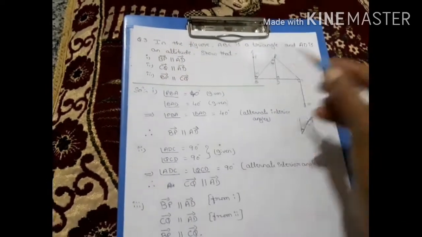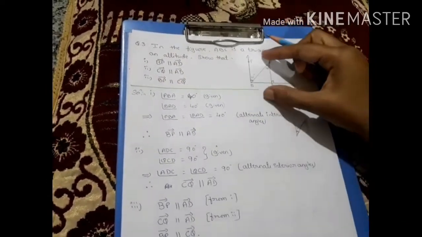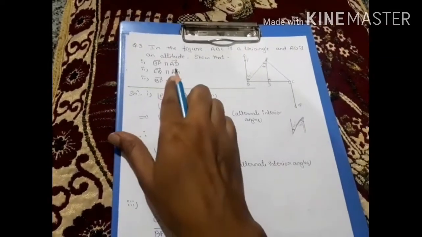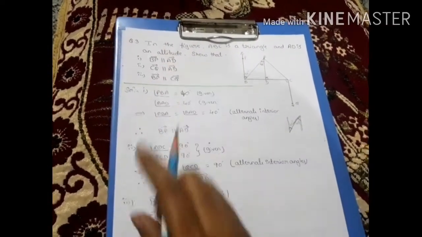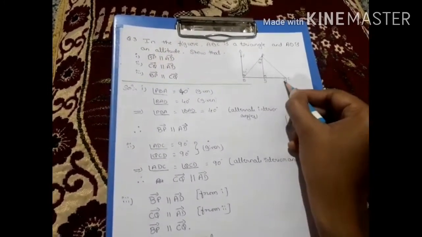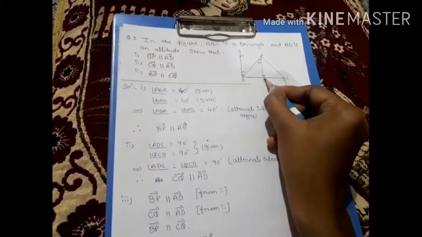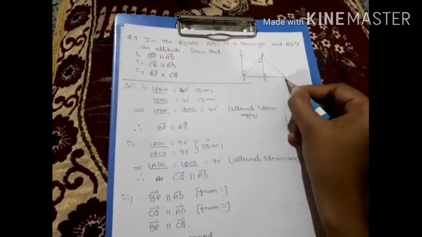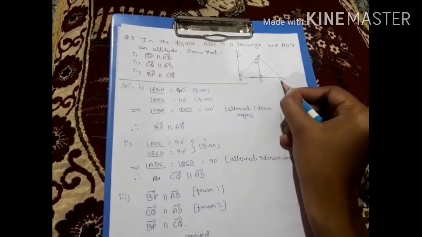Second, we have to prove that AD is parallel to CQ, or CQ is parallel to AD. Second condition. Here angle ADC equals 90 degrees, given, because AD is an altitude here. Angle QCD is also 90 degrees, given in the figure.